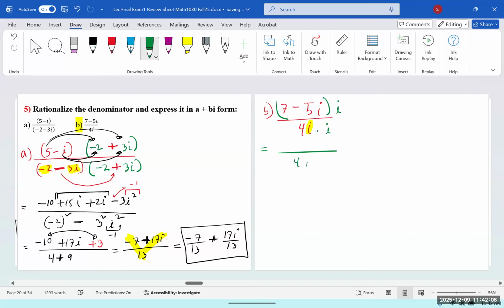So we get 4i squared, and now this i squared turns into real negative 1, so we get negative 4 on the denominator. On the numerator, distribute, so we get 7i minus 5i squared. Because of the i squared, this negative turns into positive 5. And we get 7i.